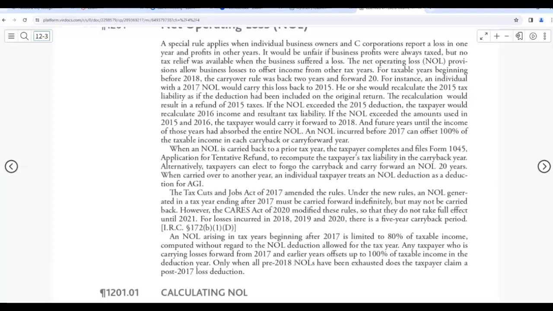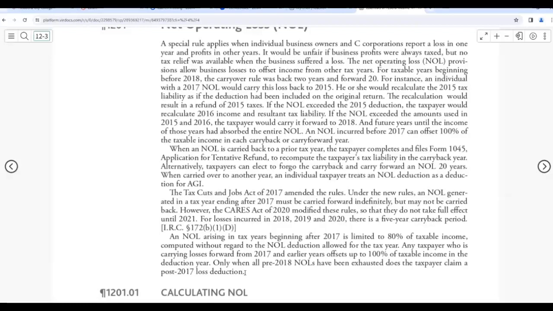Only when all pre-2018 net operating losses have been exhausted does the taxpayer claim the post-2017 loss deduction. So if you have any net operating loss from your business from 2017 or earlier, first you have to exhaust that, which is also applicable up to 100%.